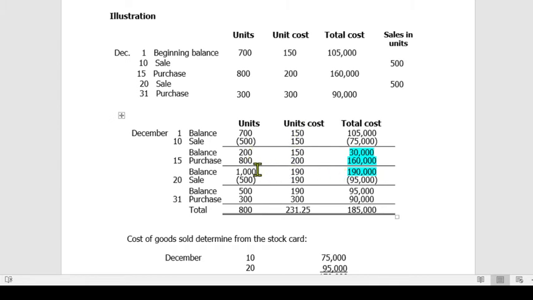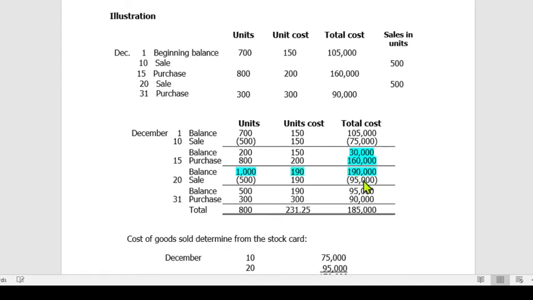So ilan ba ang actual units? 1,000. So, 200 yung natirang balanse. Bumili ka ng 800 units. So, 1,000 units ka na ngayon. Ang total cost daw niyan, pag pinagsama mo yung dati at yung ngayon, ay 190,000. So, 190,000 divided by 1,000, the unit cost now is 190. So, ito na ang bagong unit cost mo.